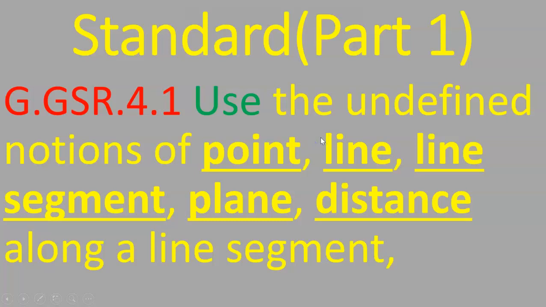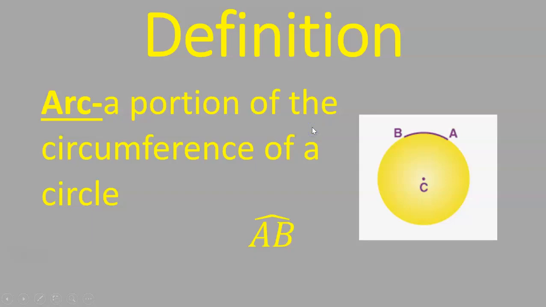Again, the first part of the standard doesn't mention either of these postulates, but the supplementary material for the standard does list them. I'll list those two, so that's why we're going over it. Now, there's a second part of the standard which seems to be preliminary, sort of a preview. We're not going to do much with this, but an arc is a portion of the circumference of a circle. Now, we're certainly going to look at this more in a future chapter, but for now, you have some concept of a circle, the circumference being all the way around.